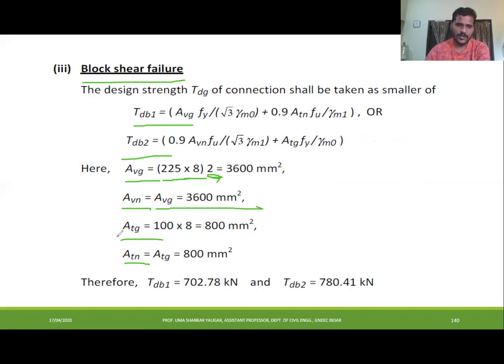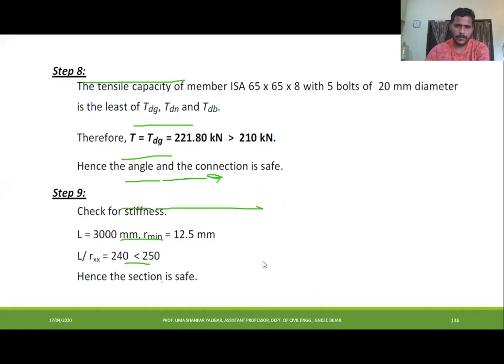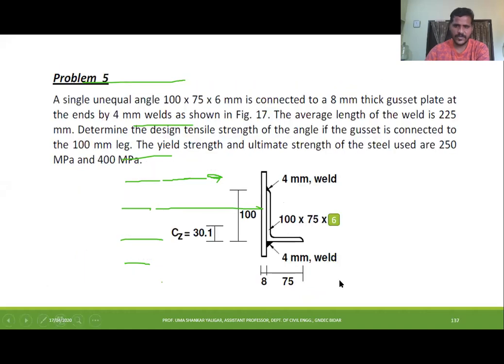And similarly, if you want to calculate Atg and Atn, here the tensile failure is along this plane. If there is a shear failure at this point, here and here, perpendicular to this you will have the tension failure. Hence it is 100 into the thickness.